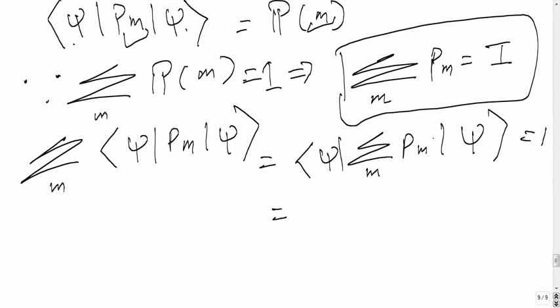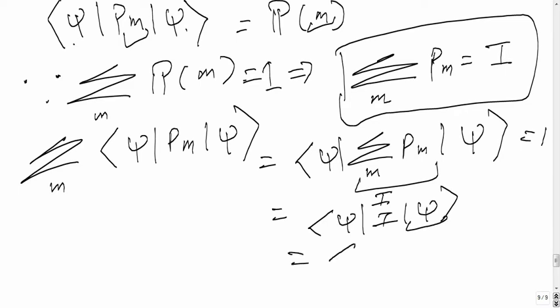This can only happen if the thing inside is the identity, because then the identity operating on this state would give me again psi, and psi with psi is equal to 1. So the requirement of conservation of probability gives us this requirement on the projection operators.